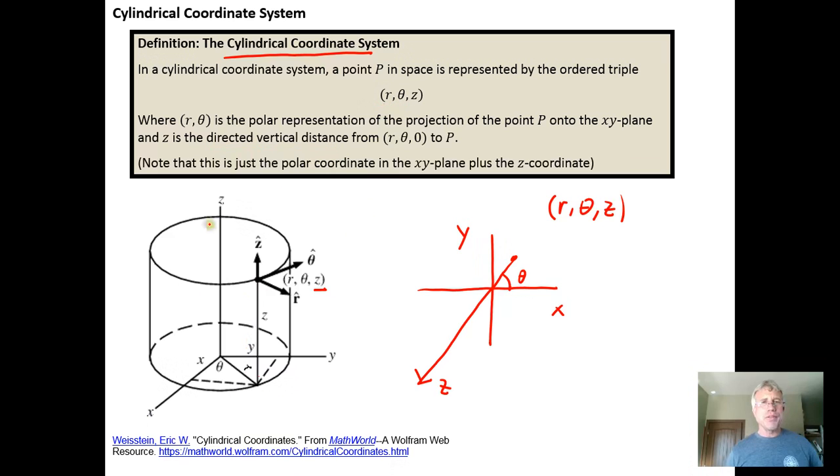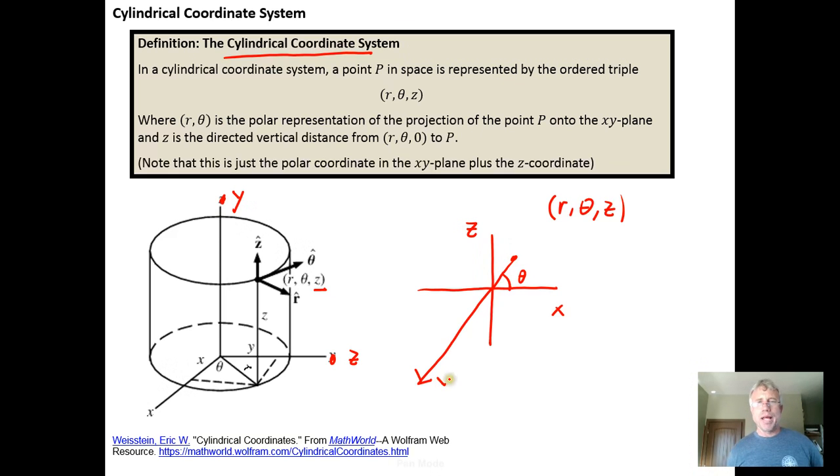How we label axes is kind of arbitrary, in a sense. So we could just as easily have this axis as the y-axis and this axis as the z-axis. And if we did that, then theta would still be the angle that we make with the positive x-axis, and the radius would still be the length of the line segment.